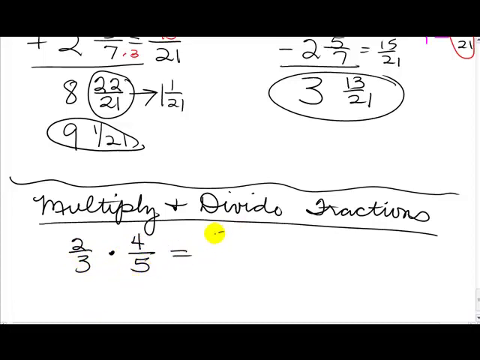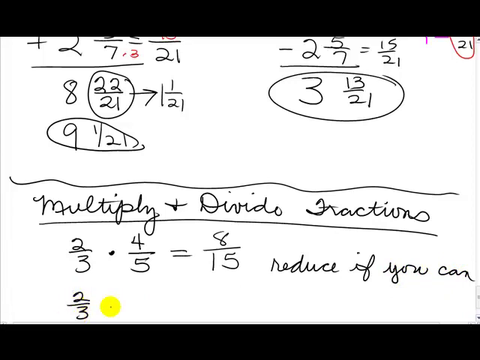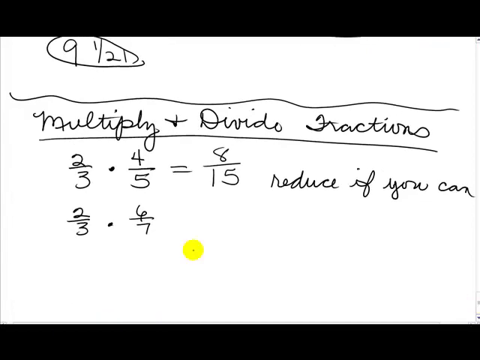Multiply straight across. Reduce if you can. Sometimes you can reduce first with what we call cross-canceling.